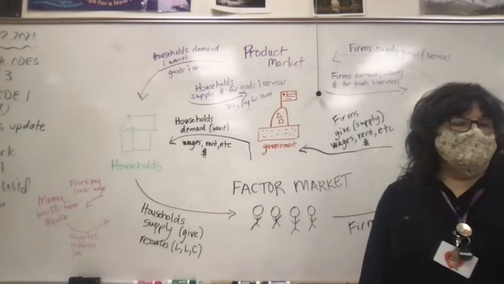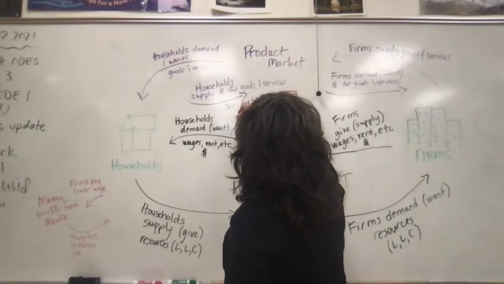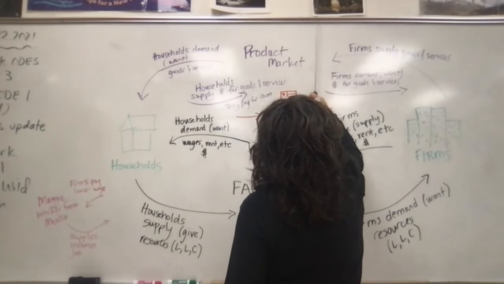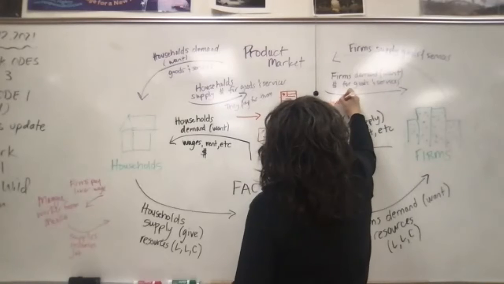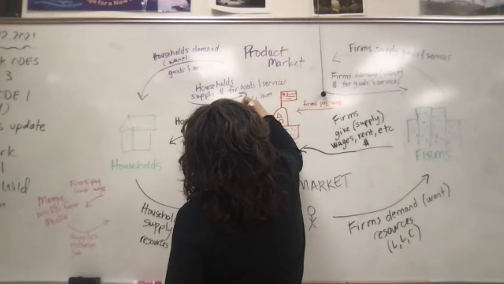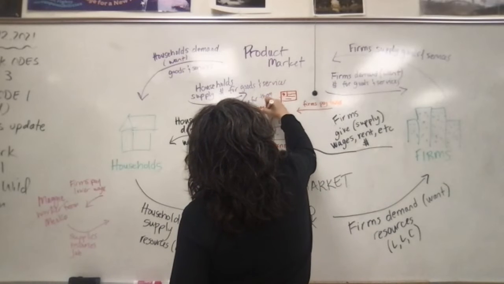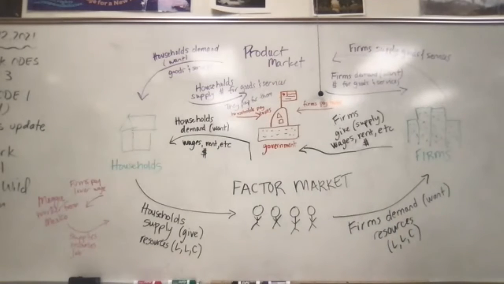The government gets taxes from people, right? So the government demands taxes from both businesses and households, right? The government demands taxes, households and businesses supply taxes.